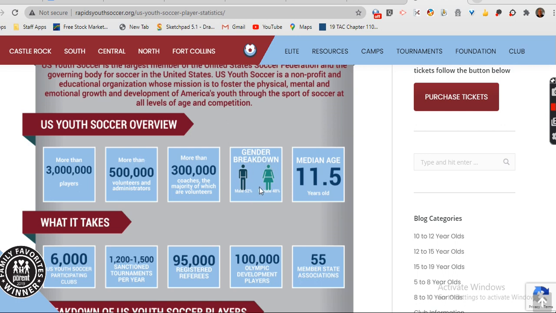And that the breakdown between males and females who are playing soccer is about 50-50, about 52 to 48. And that the average age is 11 and a half. Now, how can we tell that? Well, they did research, just like when you go into a mall and someone has a clipboard and says, can I ask you a few questions? They're doing that kind of research on whatever product they're trying to research. And so they're asking people questions about would you buy, those kinds of things.